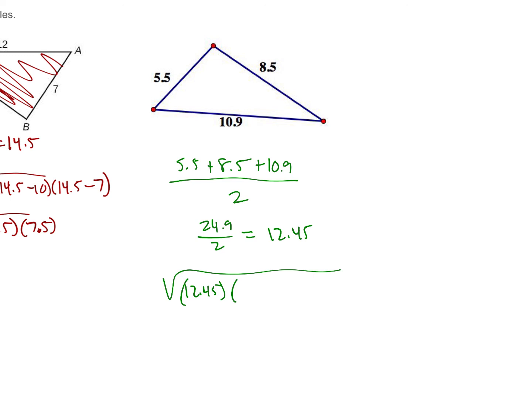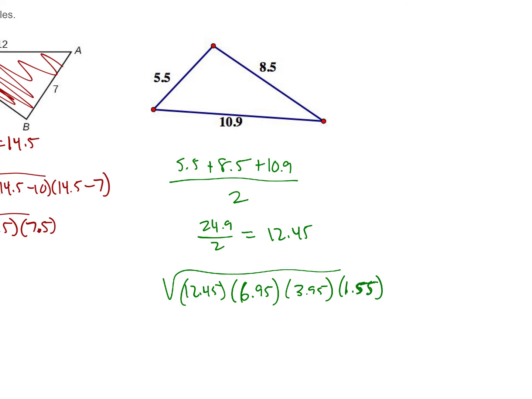And then I'll skip a step: 12.45 minus 5.5 is 6.95. 12.45 minus 8.5 is 3.95. 12.45 minus 10.9 will be 1.55.